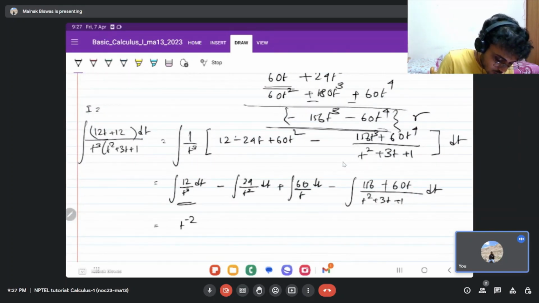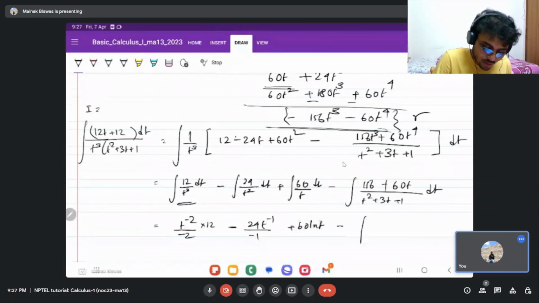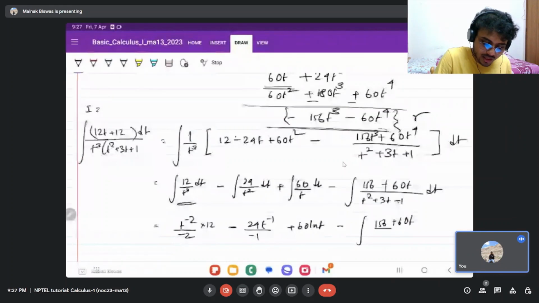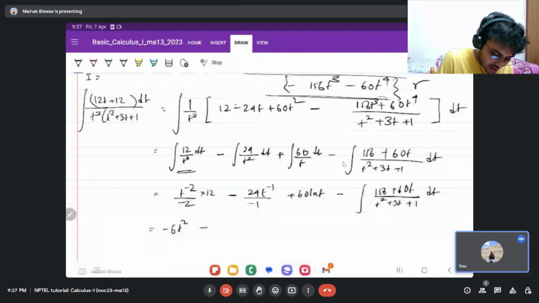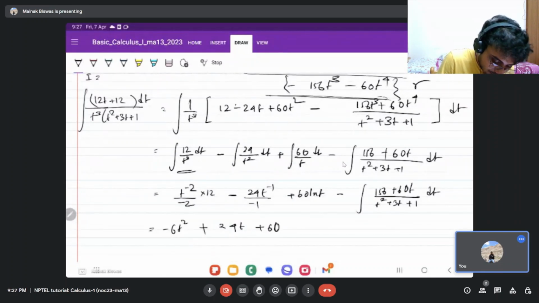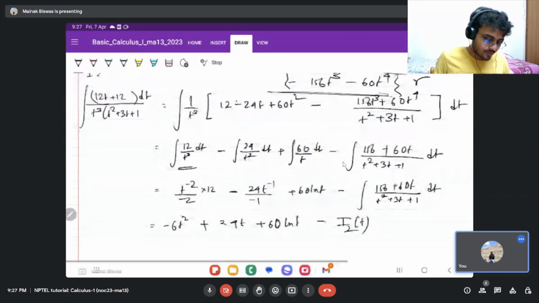So t to the power minus 2 by minus 2 into 12, minus 24 by t to the power minus 1 by minus 1, plus 60 log t, minus integral of 156 plus 60t by t square plus 3t plus 1 dt. So this becomes minus 6 by t square plus 24 by t plus 60 log t minus I2 of t.